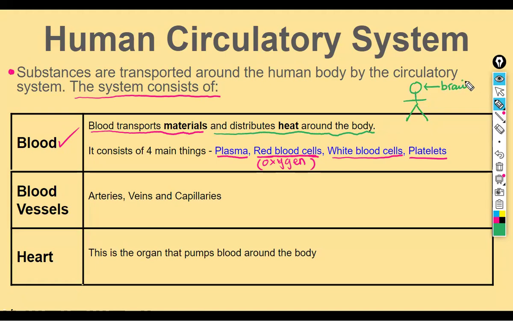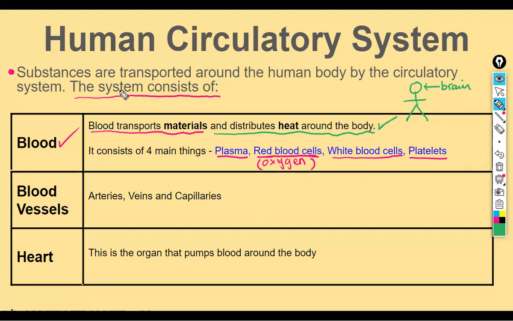For whatever reason, your brain is hot right now, and there's too much heat in this area. Your blood could actually take the heat from your head area and distribute it elsewhere in your body, thereby reducing the heat in your brain area.